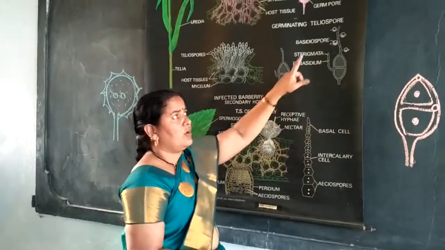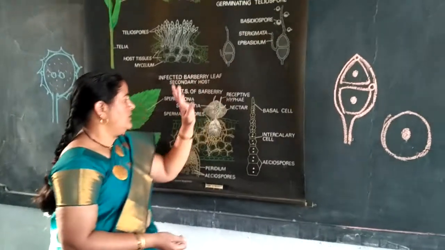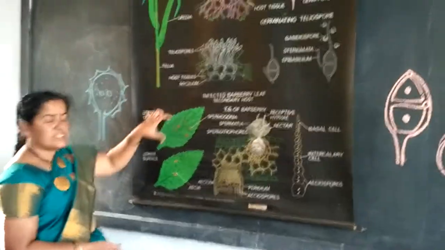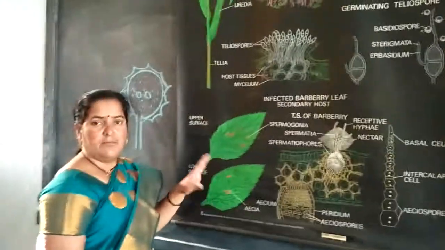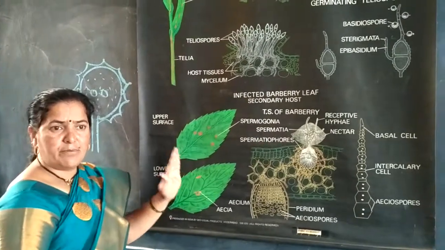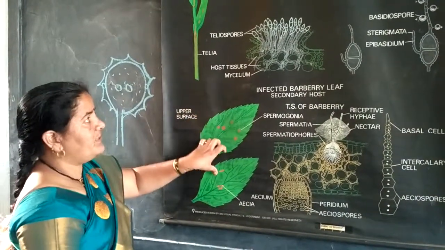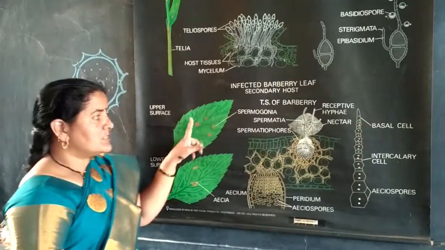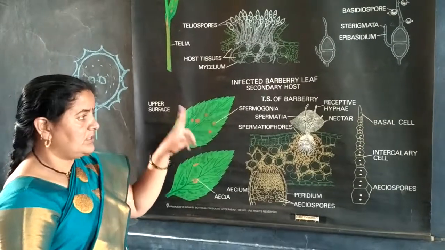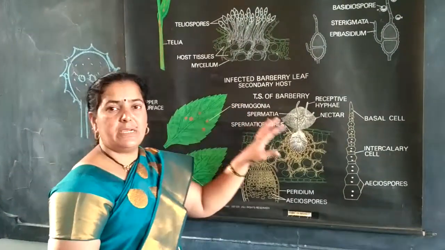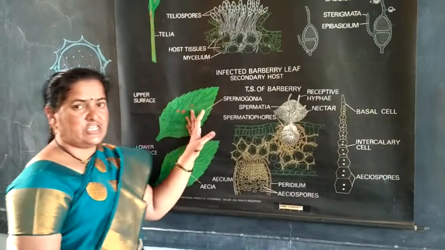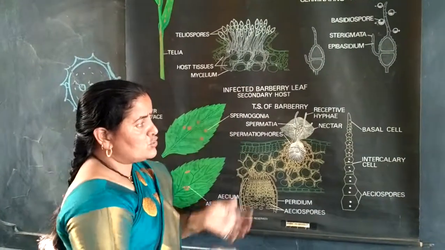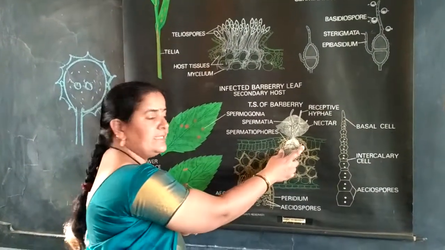After maturation, the basidiospores again come in contact with the secondary host, the barberry plant. The barberry plant is a weed plant present on the borders of the field in the absence of the primary host. When basidiospores come in contact with the secondary host, they germinate and produce the pycnial stage. In this stage, on the upper surface of the barberry leaf, the basidiospore germinates and produces the pycnial cup.